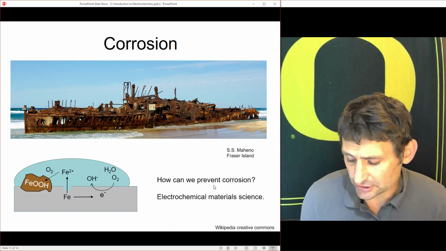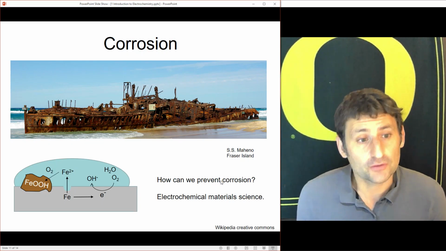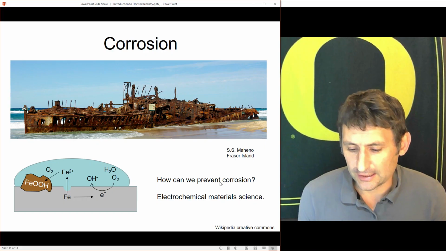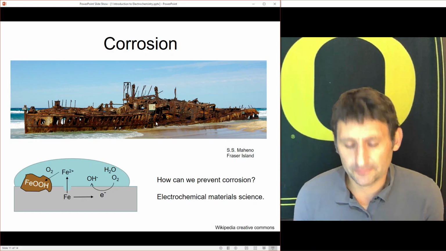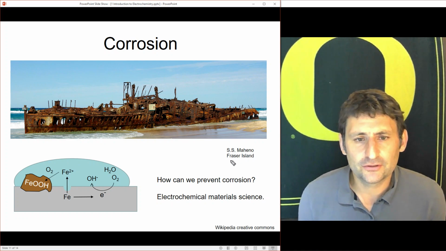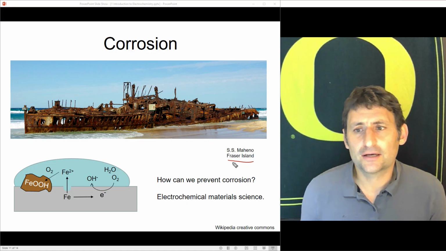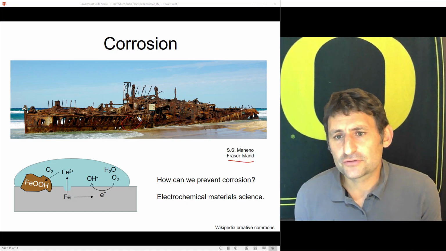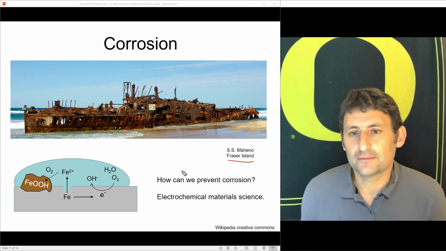Corrosion, we mentioned this earlier, is something that costs the world tremendously in terms of degradation of infrastructure. Here's a picture of a ship. This is the SS Maheno. It crashed on Fraser Island off of Australia. And, over time, you see this reddish brown color developing on the skeleton of this wreck.